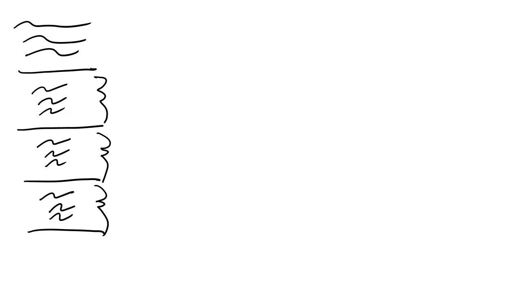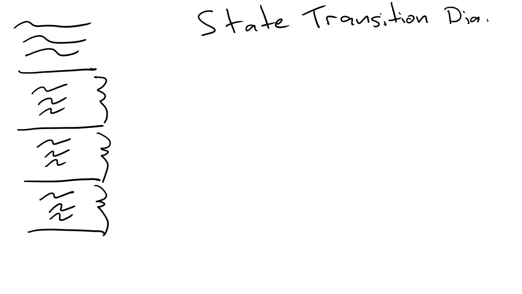So we're going to represent this using what's called a state transition diagram. It's simply a circle that represents where we currently are, and then you'll see when we get a certain kind of input we can transition into other circles.